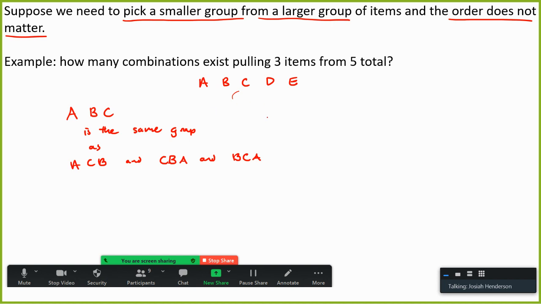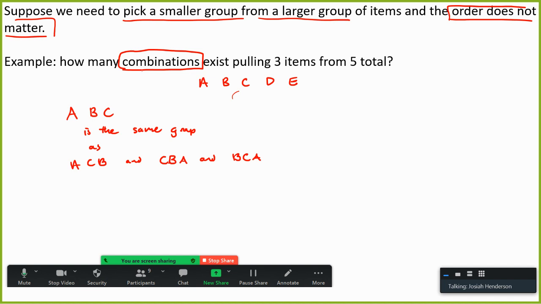So this is very similar to the permutation, except the order doesn't matter. The formula for this is called the combination formula. We've looked at permutations, and that's when order does matter to your list, to pulling the items.